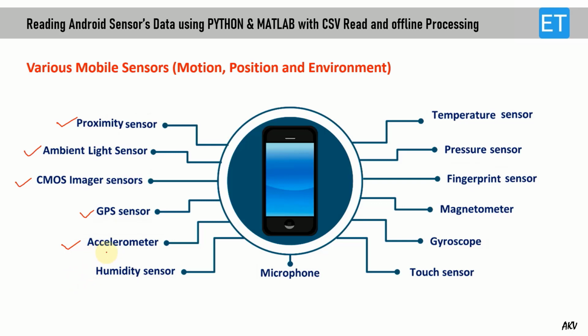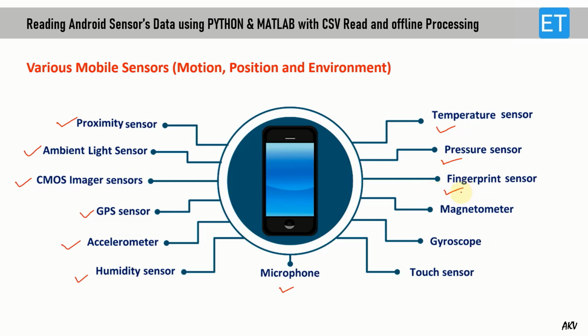That will be helpful in playing some video games. Then humidity sensor to check the humidity around us, and microphone to record the sound, temperature sensors to record the temperature of the surroundings as well as of some internal chips, such as the temperature of your battery and of the CPU. And then pressure sensor, that means the barometer, is there.